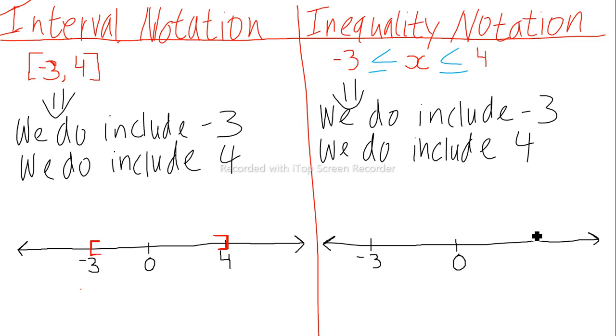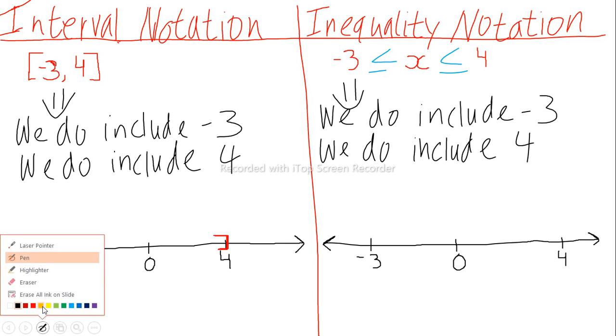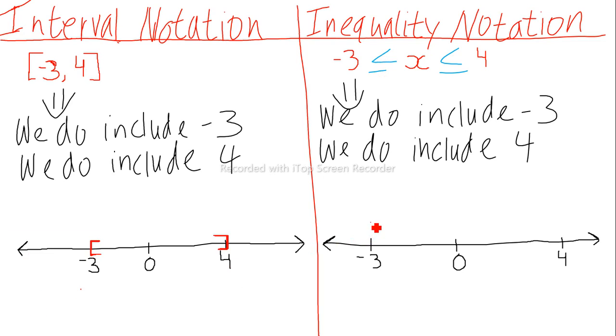And if this is -3, positive 4 would be somewhere here. And so we include -3, and we're going to use a big circle on both ends. But because we include it, we're going to shade in those circles.